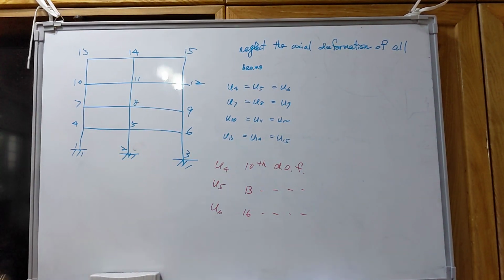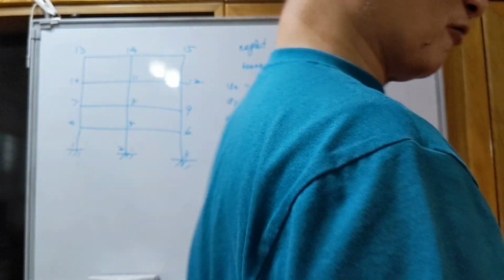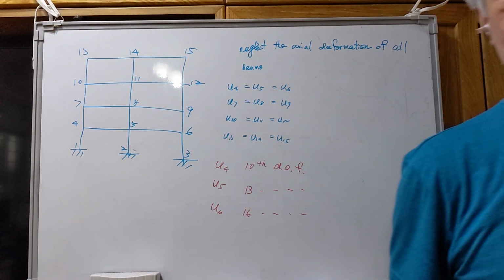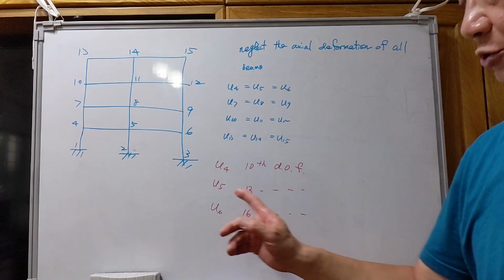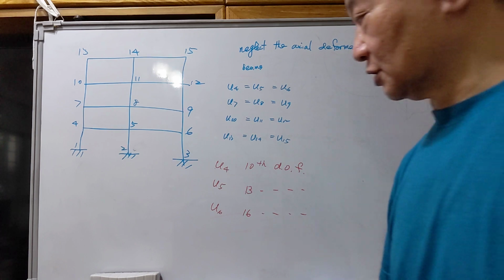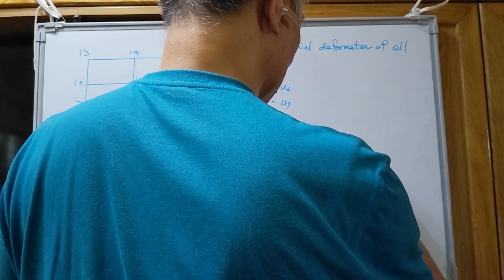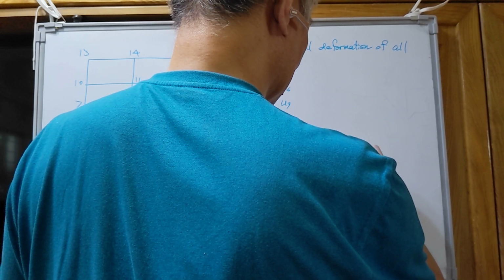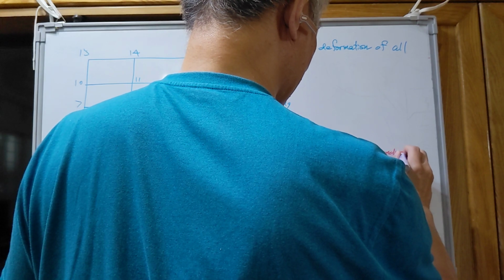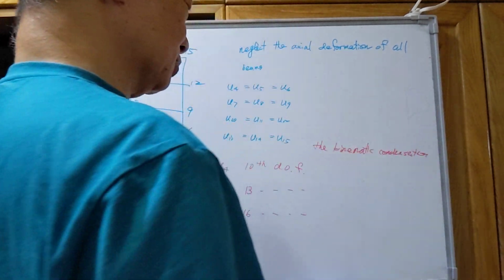So the U4 is the 10th degree of freedom, and U6 is the 16th degree. In this case, how can we do the kinematic condensation?